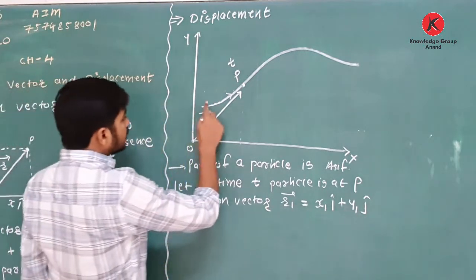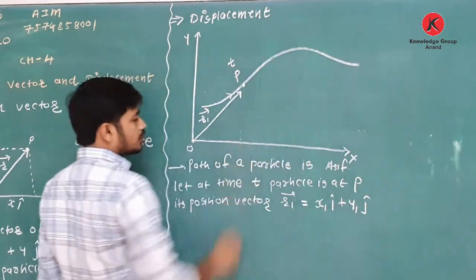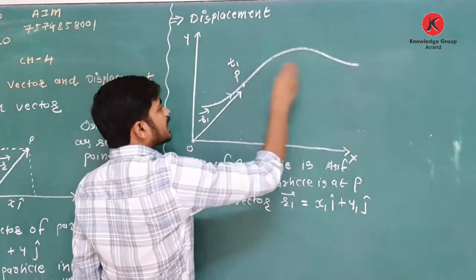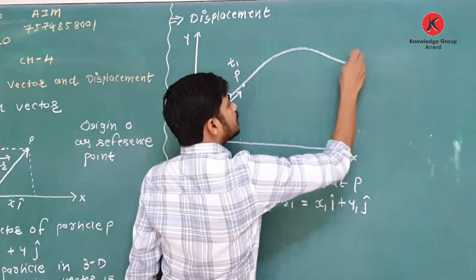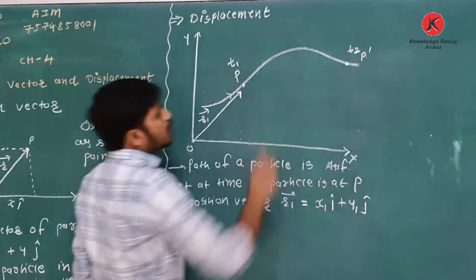Now we see the particle is moving after some time. After some time t2, the particle is here at point P dash.